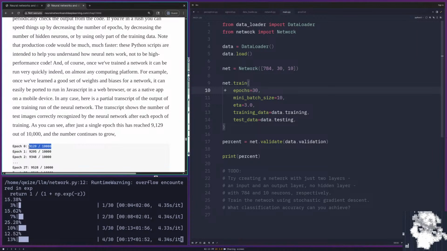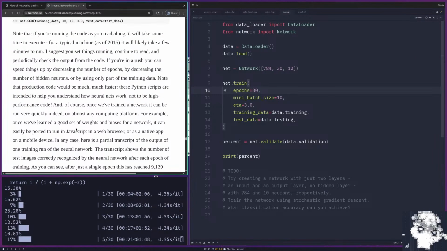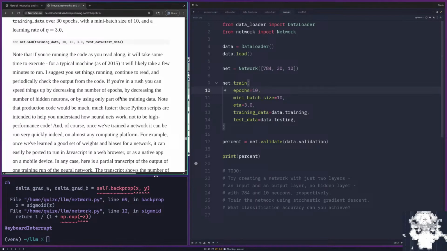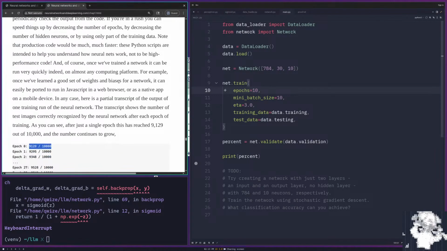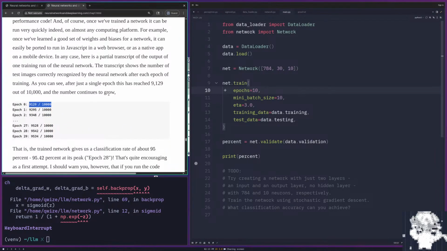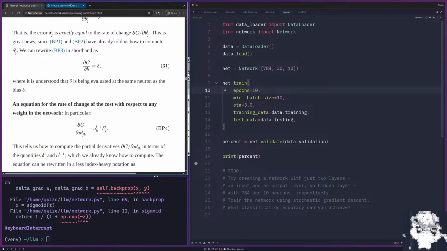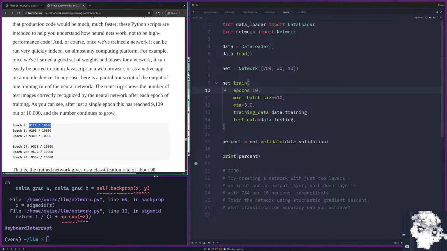Yeah, after one epoch, it should already be extremely good. So the problem's not the number of epochs. So let's stop that. What else are we doing differently?